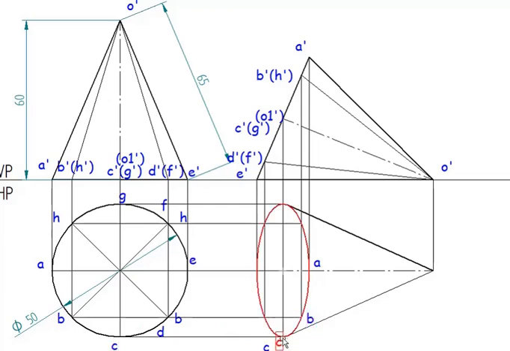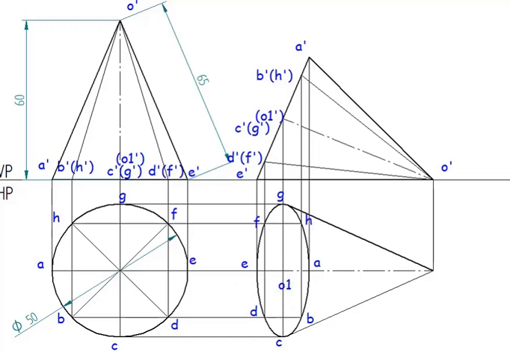So B is here, E point, H. So now O1 is the axis point.